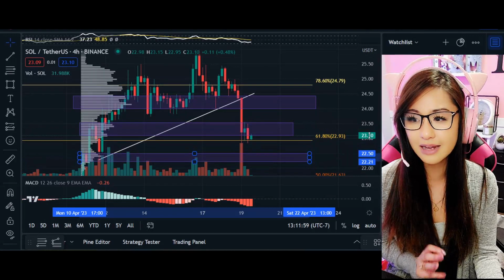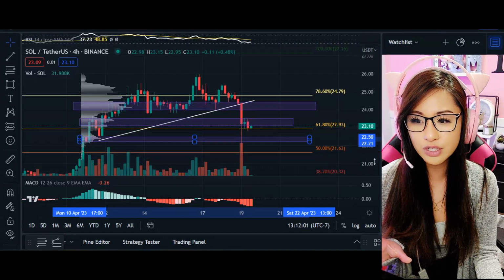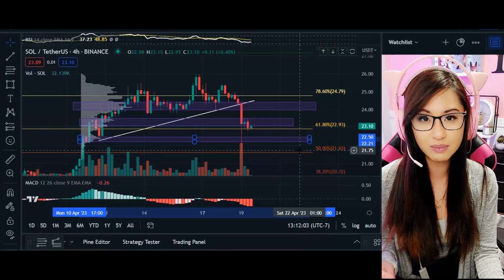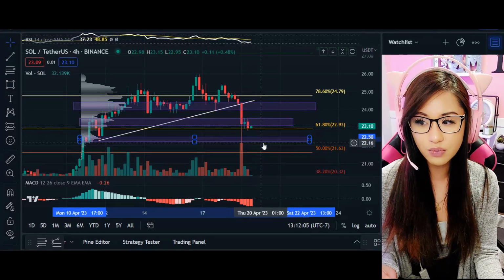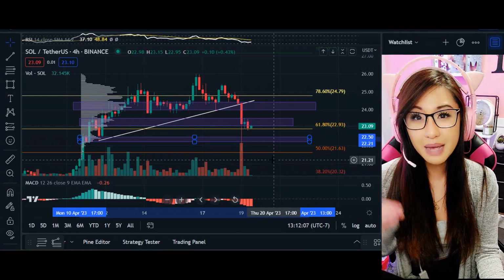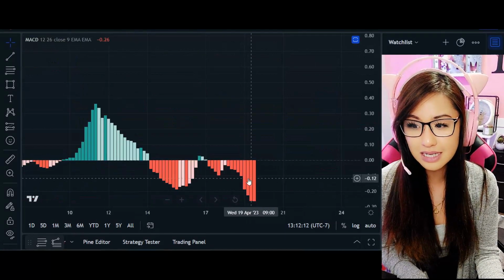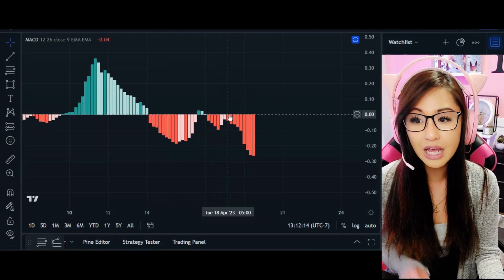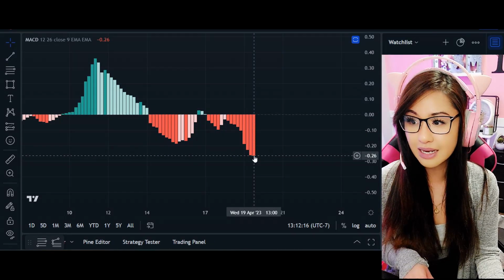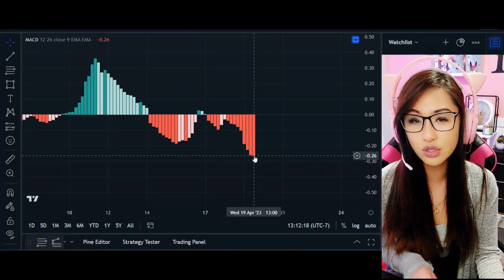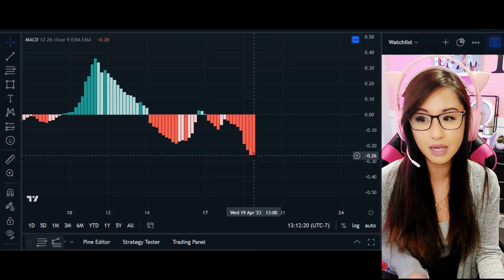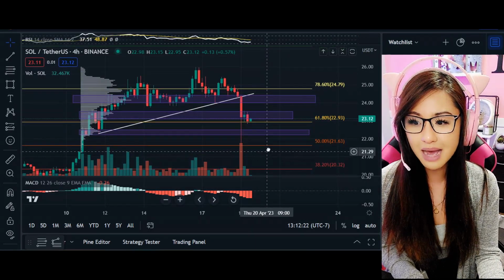Okay, so this again is a 4-hour time frame. If we do see the price move away from the 61%, this is ultimately the body where the price is going to go, depending on how fast that momentum builds, because we can see the MACD indicator already really, really big. We're seeing negative 0.26, which is a really big momentum build for the MACD indicator.